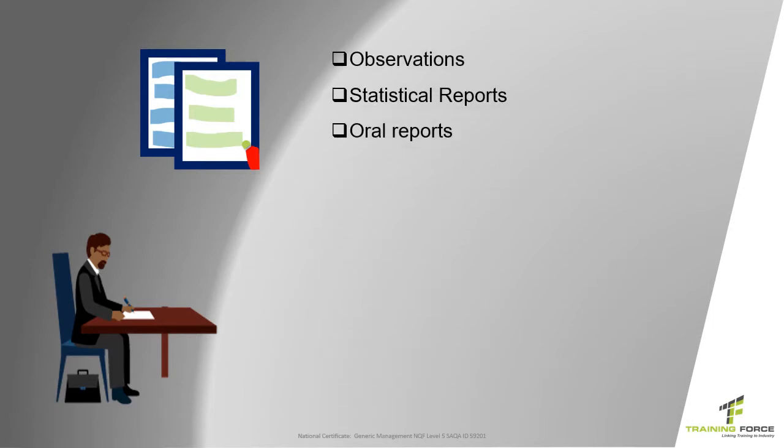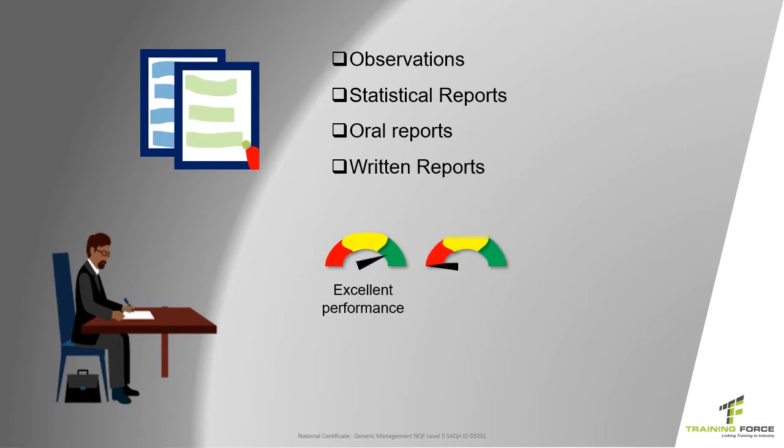During implementation of performance management, leaders must collect data to measure actual performance to determine the variation from the standard. Personal observation, statistical reports, oral reports, and written reports can all be used to measure the performance. The possible outcomes of the performance measurement would be excellent performance, sufficient performance, and then insufficient performance.